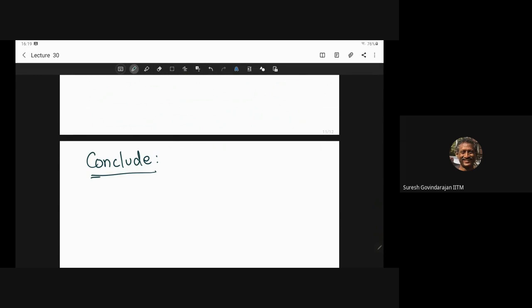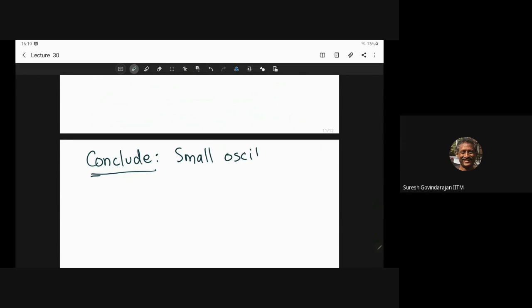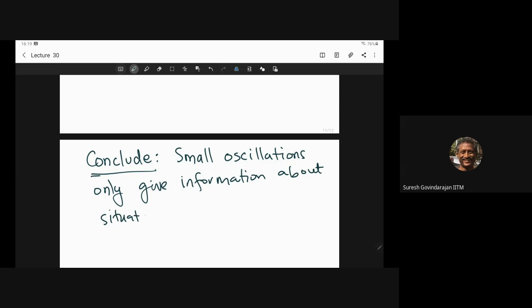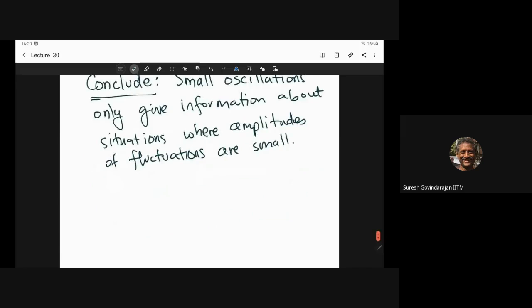Okay, that small oscillations only give information about situations where the amplitudes of fluctuations are small.